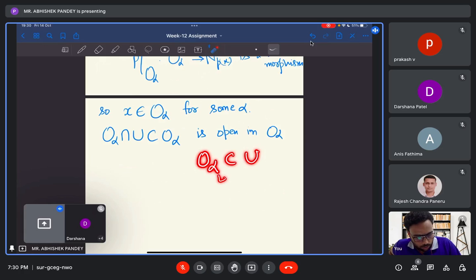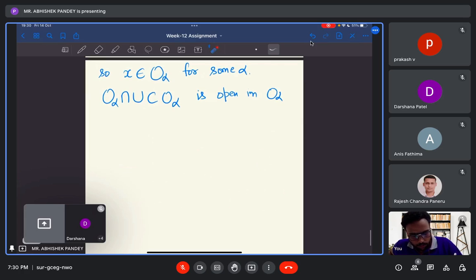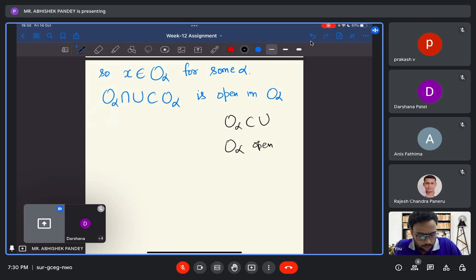Basically, all O alpha are subsets of U and the components are open. So if there is any open subset of O alpha, how should it look?